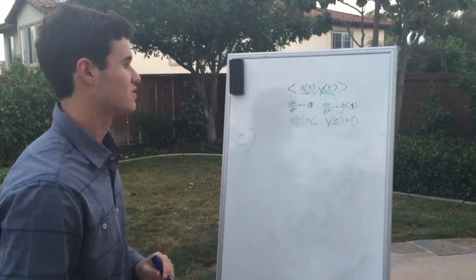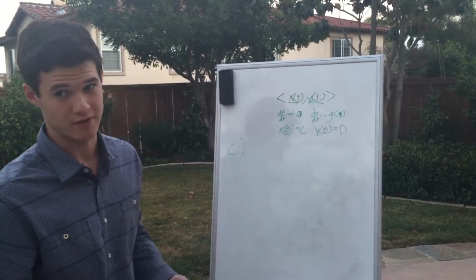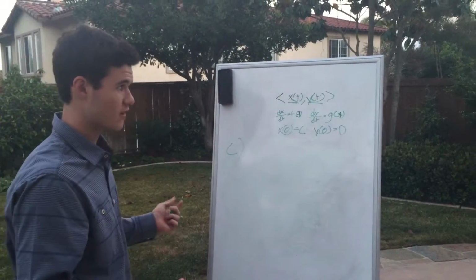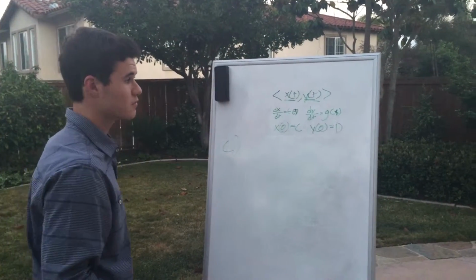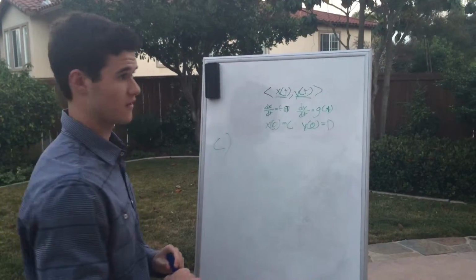Part C asks for position. This is our position vector, but as you can see, we don't have any equations here. To find position at any time t, we have to integrate the velocity vector.